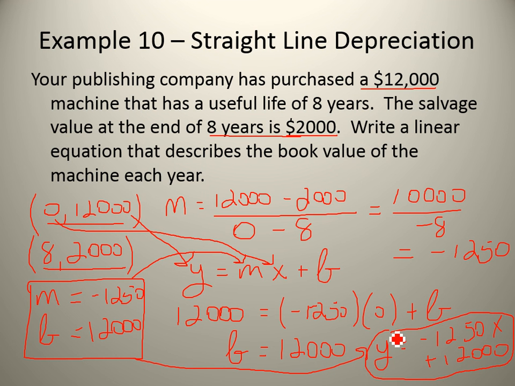The significance of the equation is, if I wanted to know how much the machine was worth after 3 years, not that the question's asking you to do that, I could take this x and substitute a 3 in for it, and that would tell me the value of the machine at the end of 3 years, or at the end of 4 years, or 5 years, depending upon what I was looking to find out.